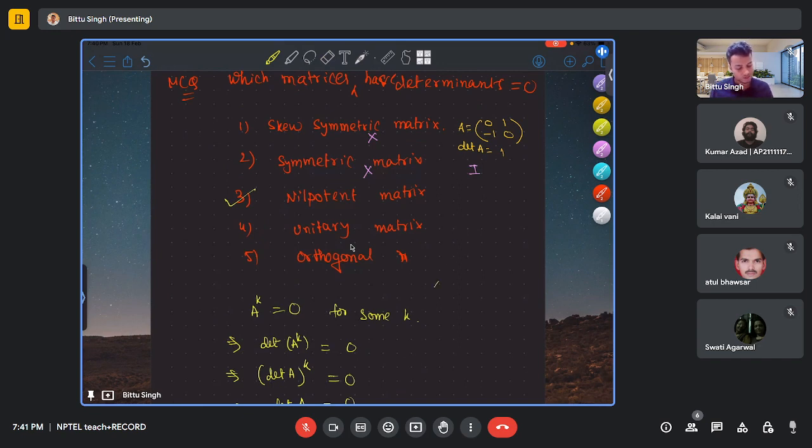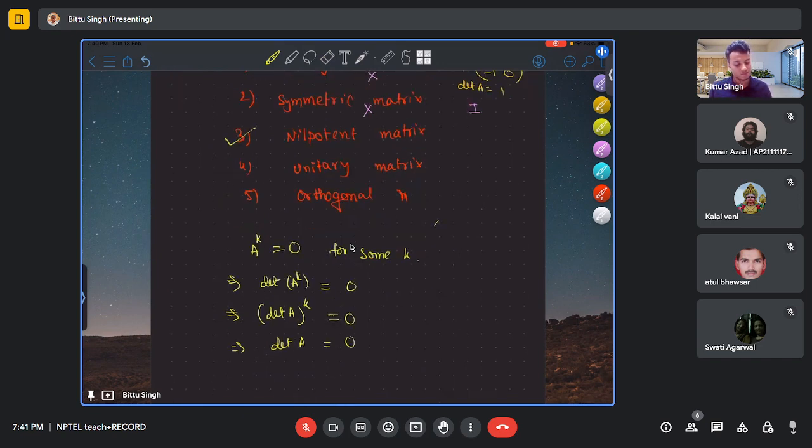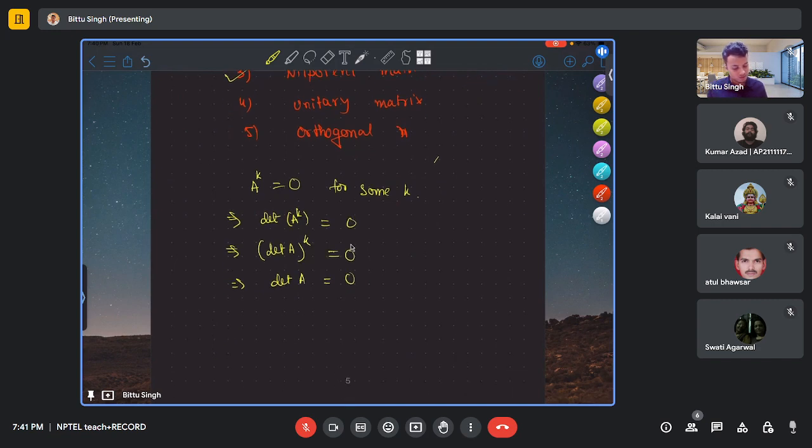And for a unitary matrix, what will be the determinant? So consider what a unitary matrix is. Unitary matrices are those matrices for which A into A star is same as identity. Now, if you apply determinant, then you will get determinant of A times determinant of A star is same as determinant of I, which is 1.